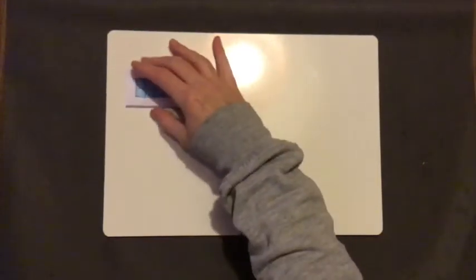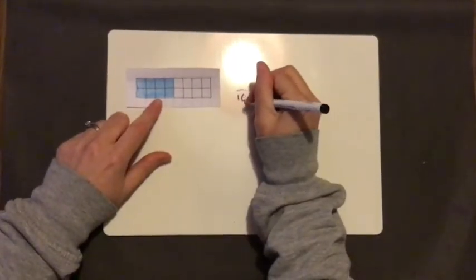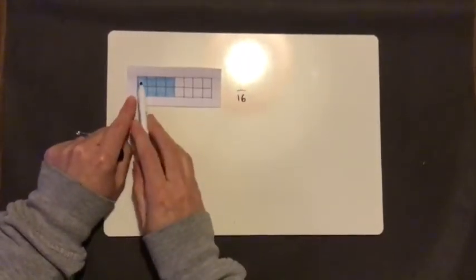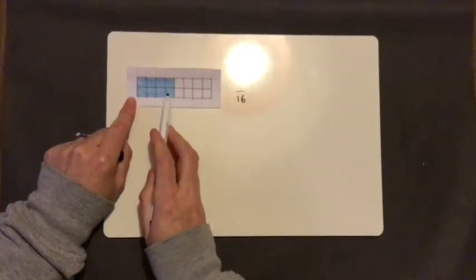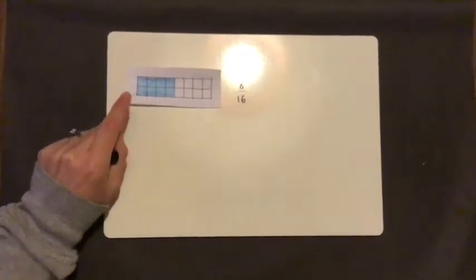I've got a rectangle there. If I was to split this rectangle up into 16ths, I've coloured in 8 16ths.